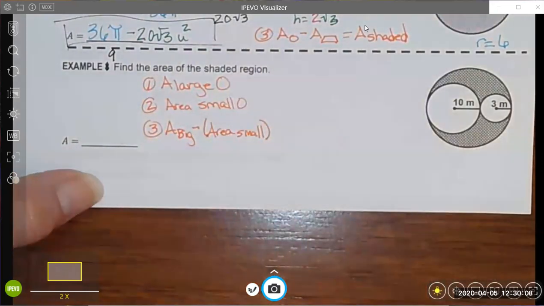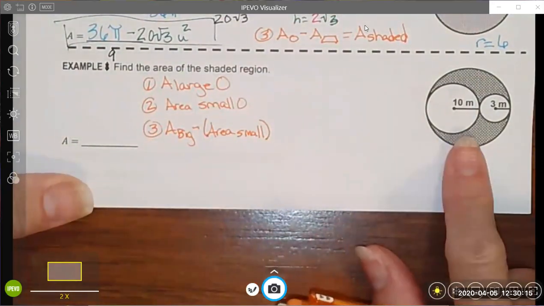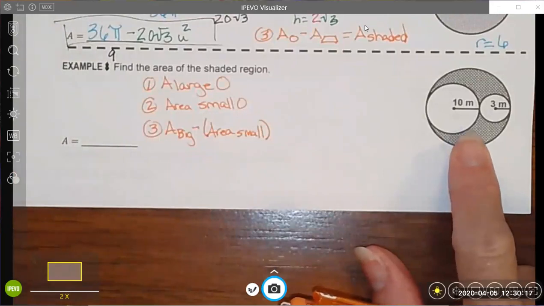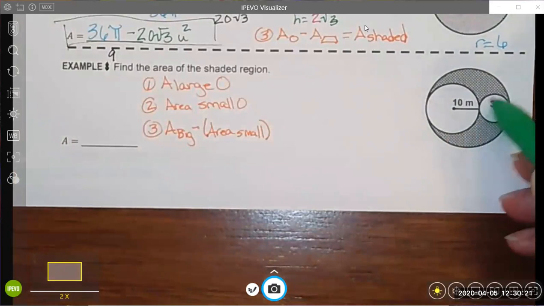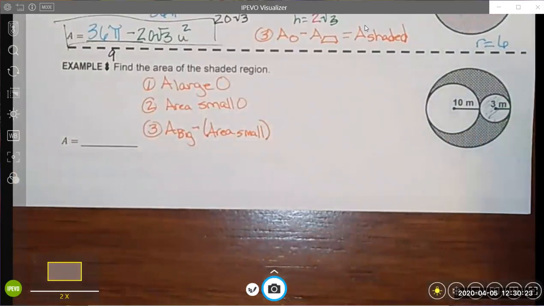And that strategy should land me with the area of the shaded region. If you're looking at this, you will notice that finding the area of the 2 smaller circles is pretty straightforward because I was given the radius.